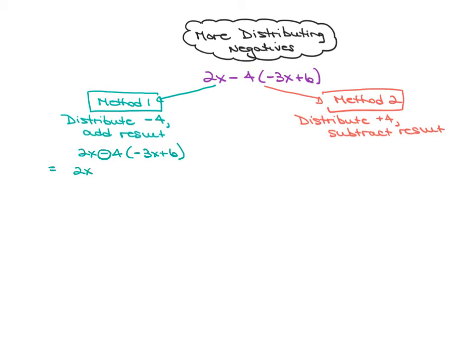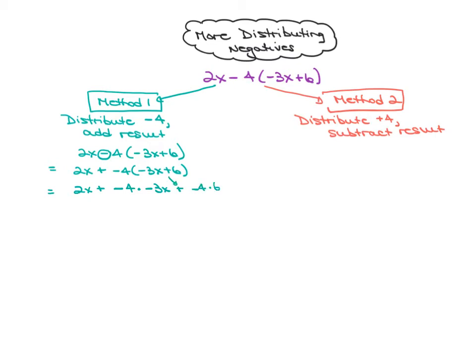So subtracting 4 times that quantity is the same as adding negative 4 times that quantity. Now we have the situation that we're really distributing the multiplication of negative 4 to both of our terms in the parentheses. So that's equal to 2x plus negative 4 times negative 3x plus negative 4 times 6.